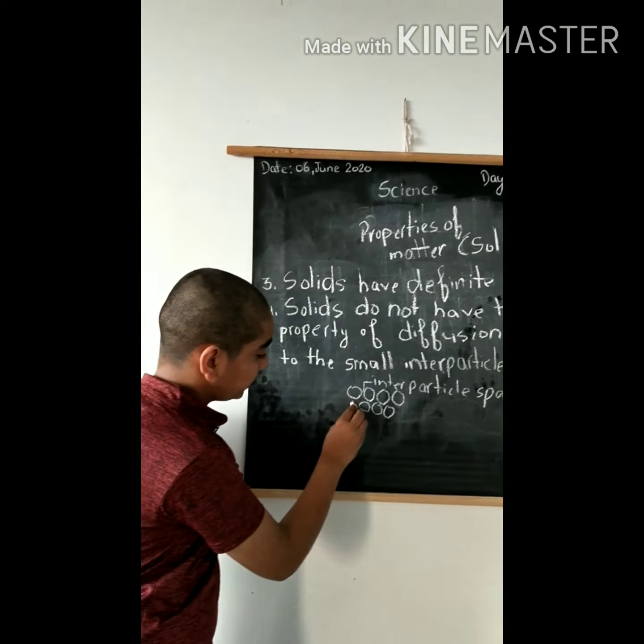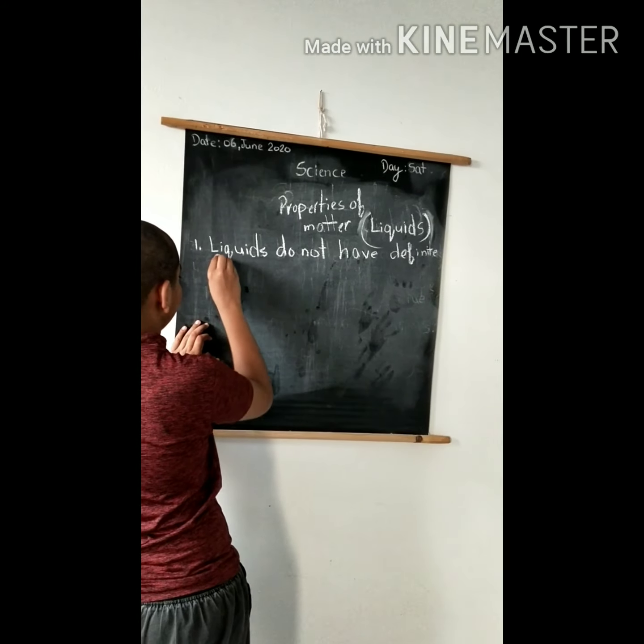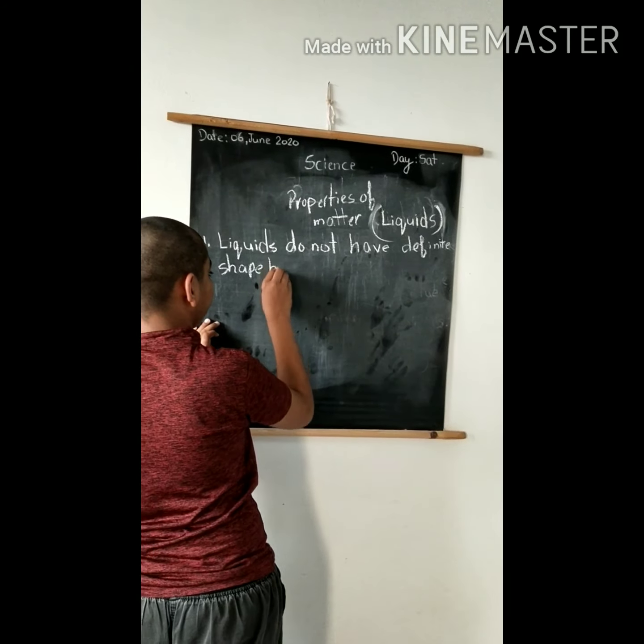And the first property is liquids do not have definite shape but definite volume.